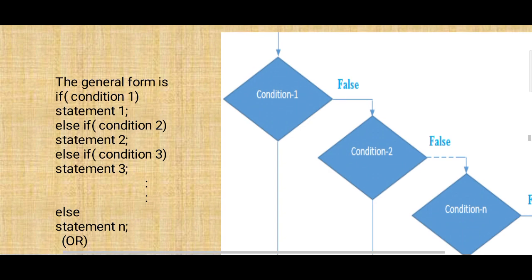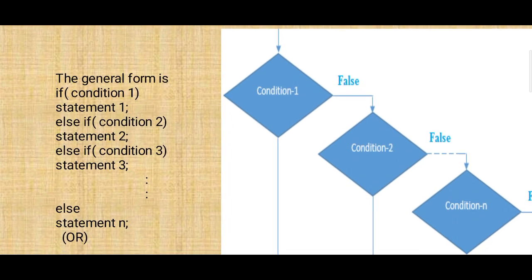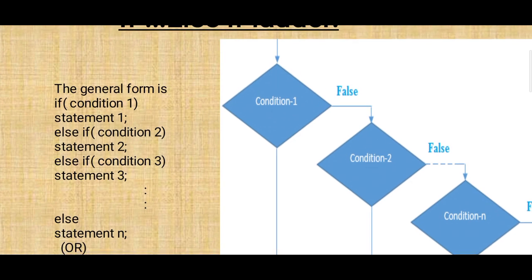Same here, the general form of the if else ladder is: if condition 1 statement 1, else if condition 2 statement 2, else if condition 3 statement 3, else if condition n statement n, else no condition, statement n executes.